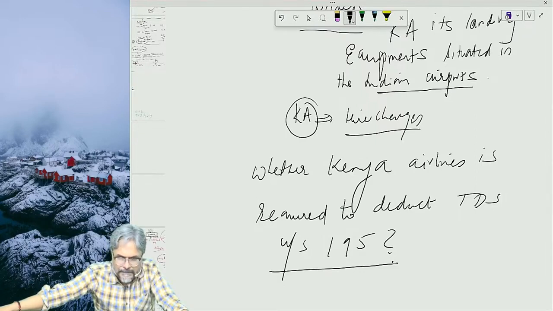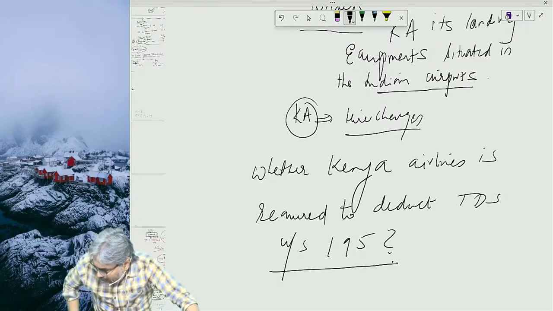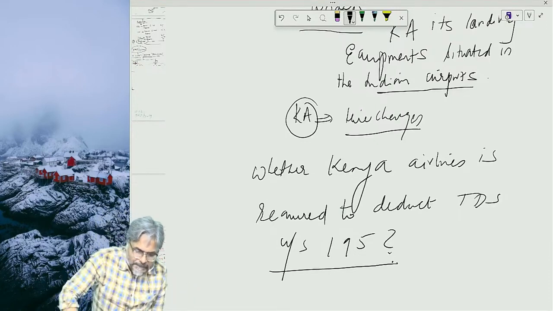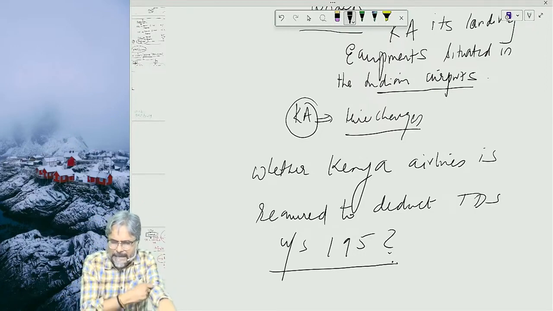Have you all read it? So this is a reality.